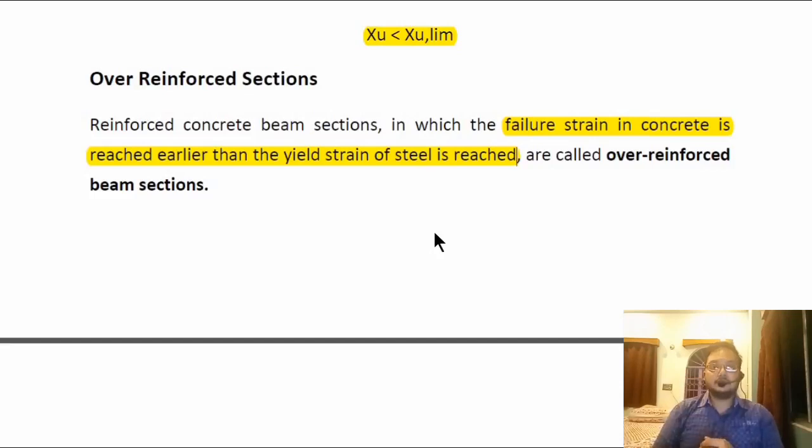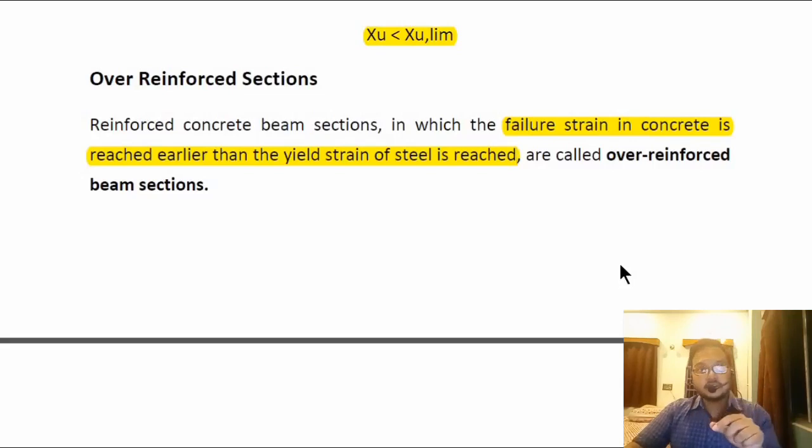So you can provide strain to the steel at the early stage, but you can never provide strain to the concrete, because as and when strain is provided to the concrete it will crush and the failure will be very brittle and sudden. So there will be no chance for someone to escape. But in the steel case, the failure won't occur at first. First the steel will yield. So it is suggested that one should give an under reinforced section, not an over reinforced section.